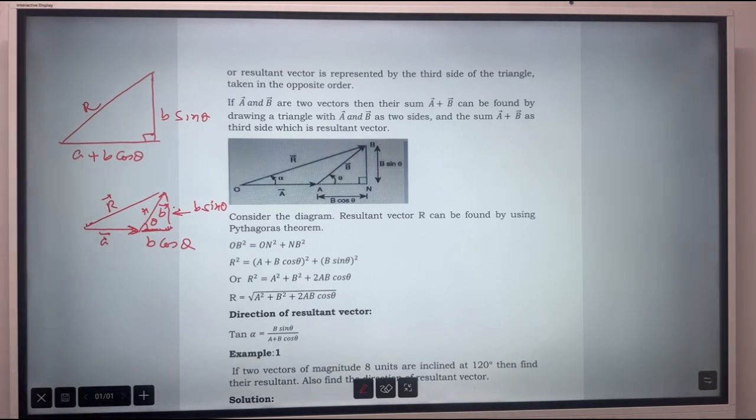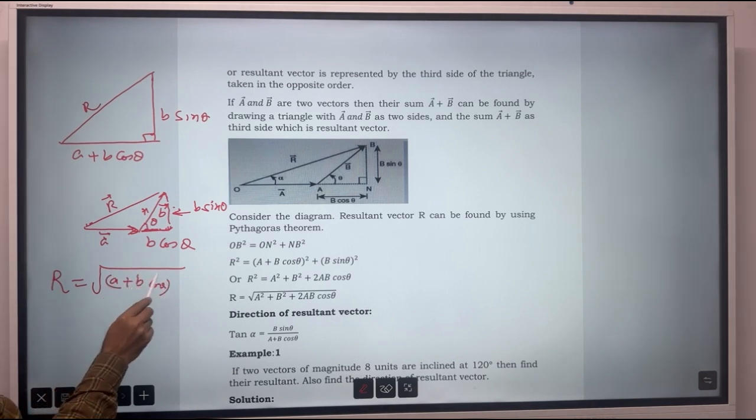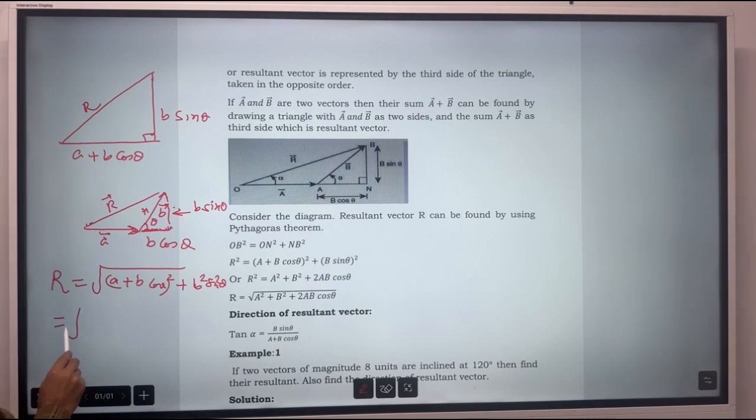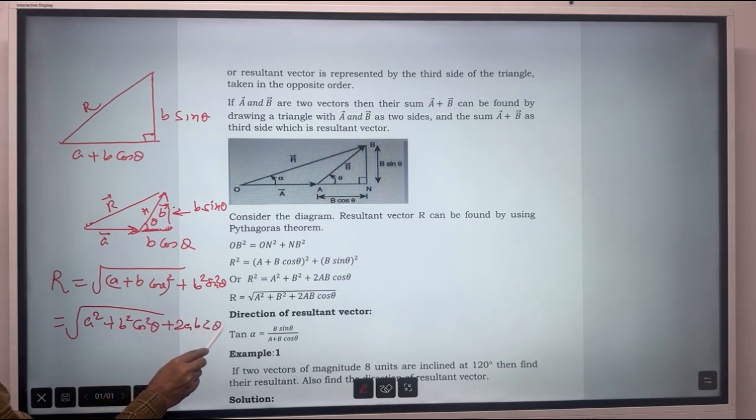Now we can apply Pythagoras theorem to get the resultant. So R will be equal to root of (A plus B cos theta) whole square plus B square sine square theta. If we open the bracket, we will get A square plus B square cos square theta plus 2AB cos theta plus this term B square sine square theta.